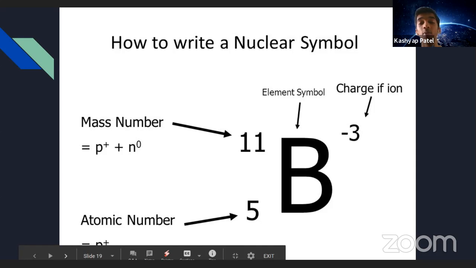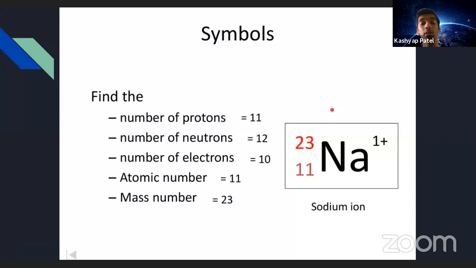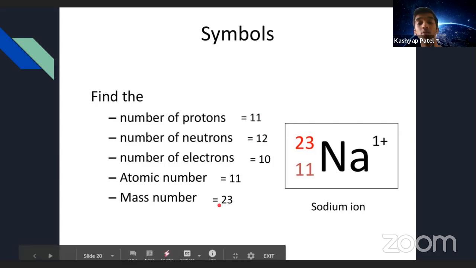Now you might be wondering, this has 1 plus. So what does this mean? This means that this sodium ion has 1 more proton than electron, so it has less electrons. So as you can see here, sodium has 11 protons. It has 12 neutrons because 11 plus 12 equals 23, which is what we see here, which is the mass.